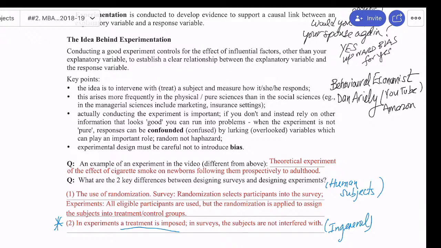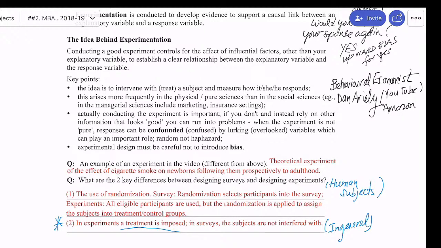When you randomize individuals for experiments, you use all the eligible participants. So you invite people to an experiment and you screen them if it's a medical or treatment type experiment.